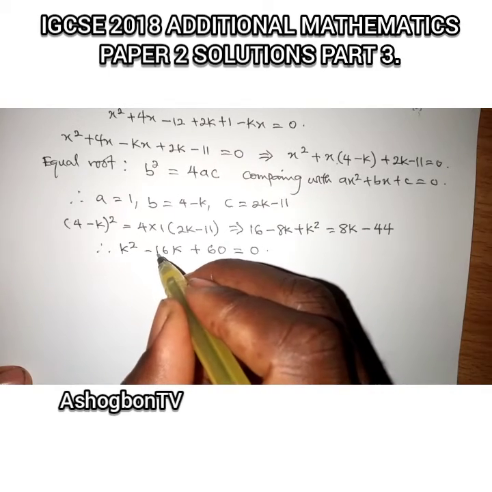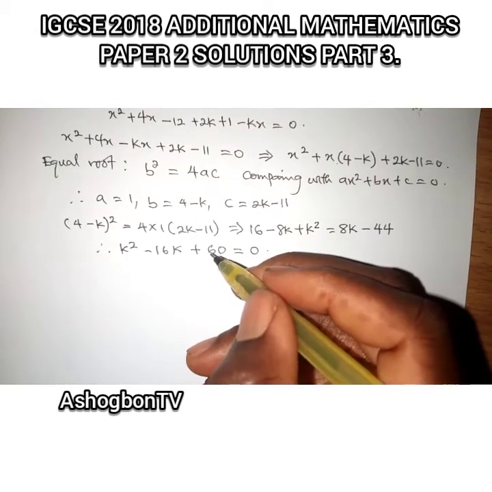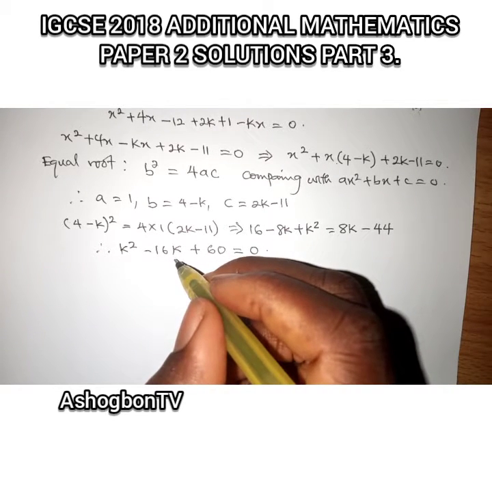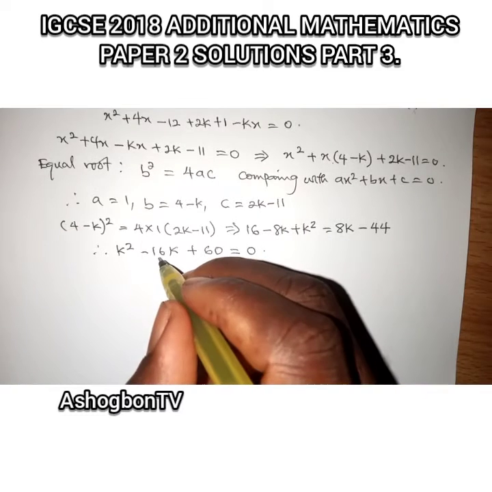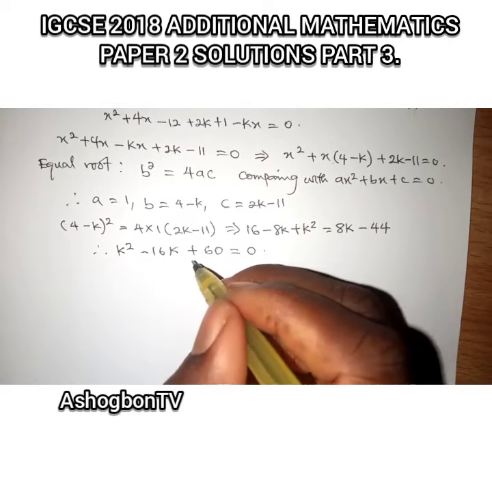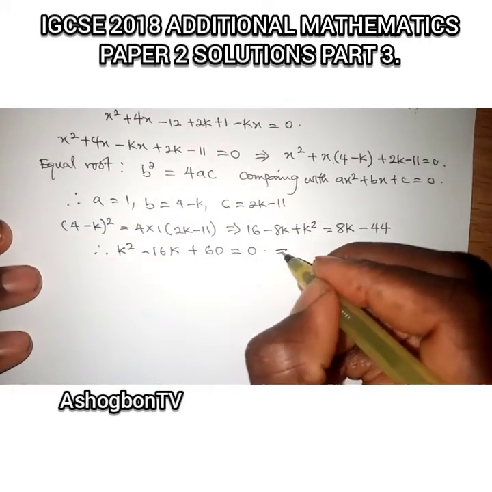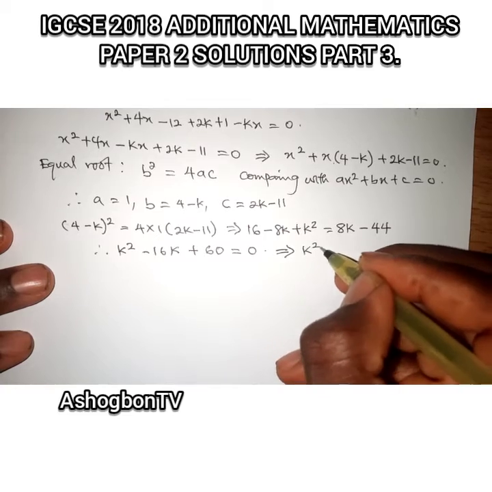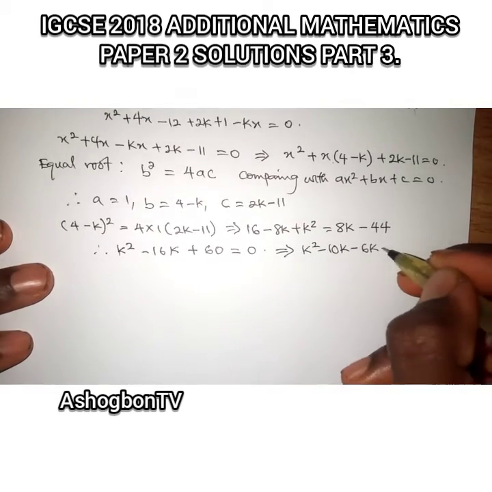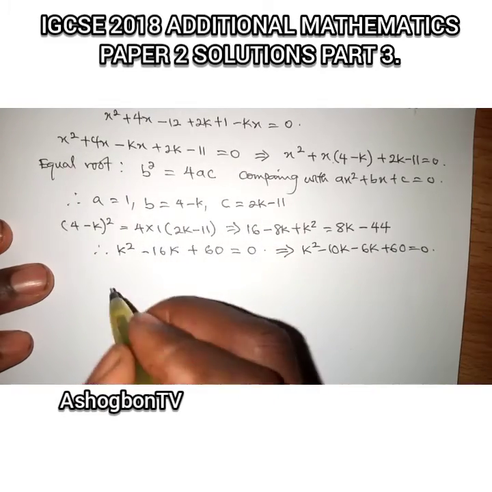I have 16 here, I have 60. So let me try the factorization method first. Two factors which, when you multiply, you get 60, and add, you get 16. That should be minus 10 and minus 6k. Very good. So this will be equal to k squared minus 10k minus 6k plus 60 equals 0. Let's factorize this.